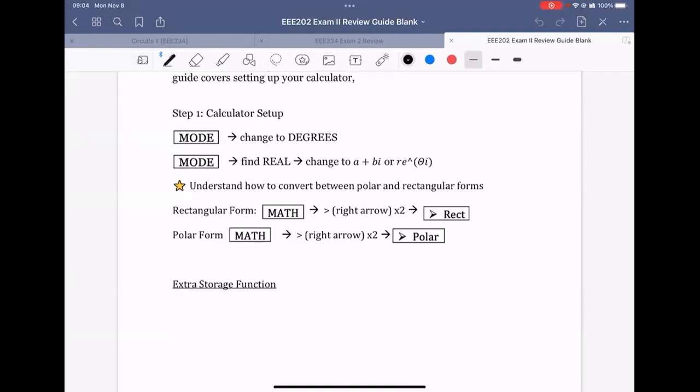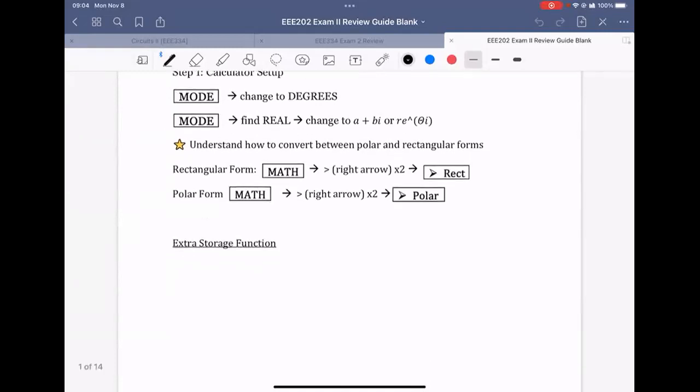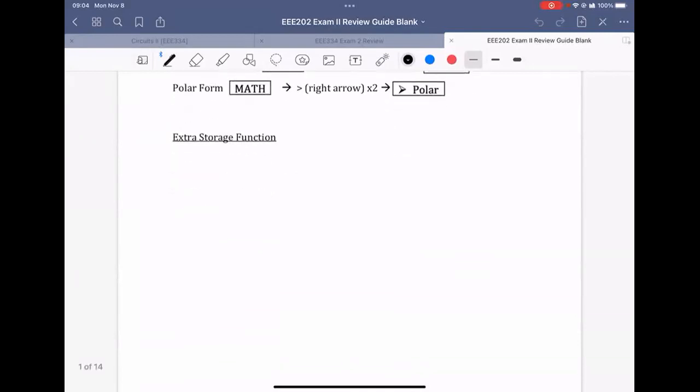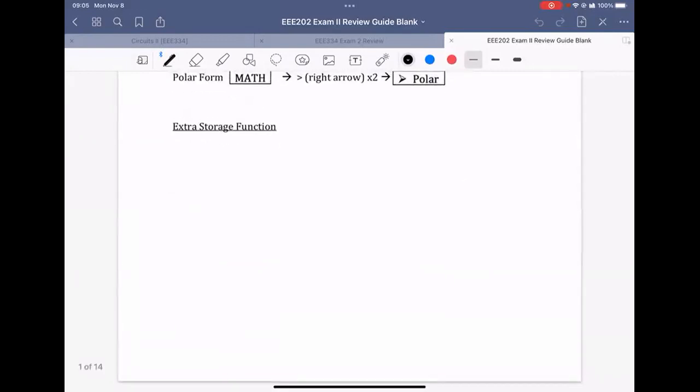I like using A plus BI rectangular form. You can use either one. You just need to know how to convert back and forth between them. Now I'll show you an extra storage function that I use that really helps me out.